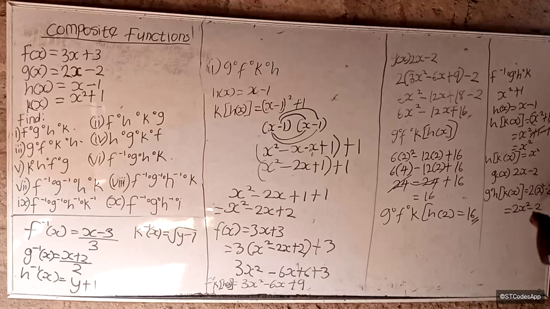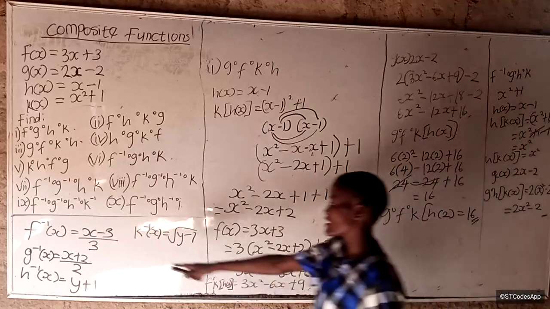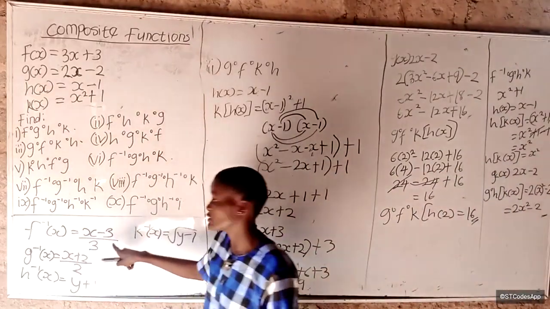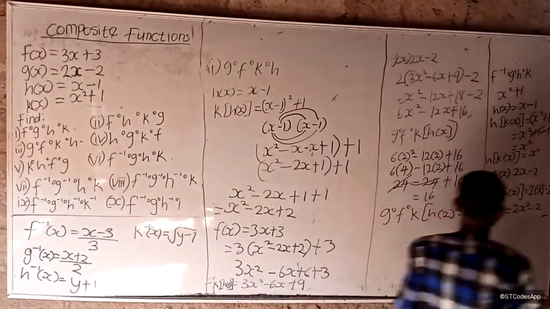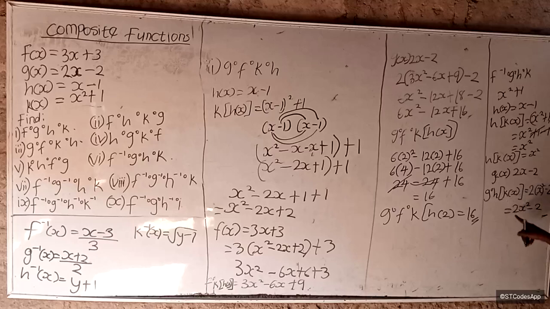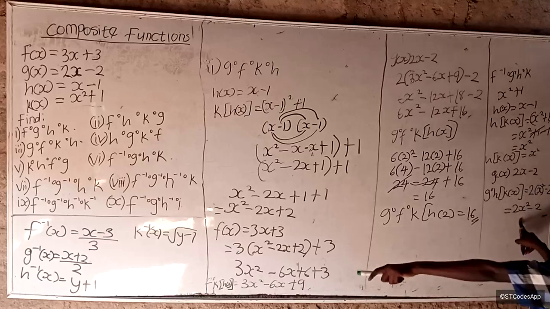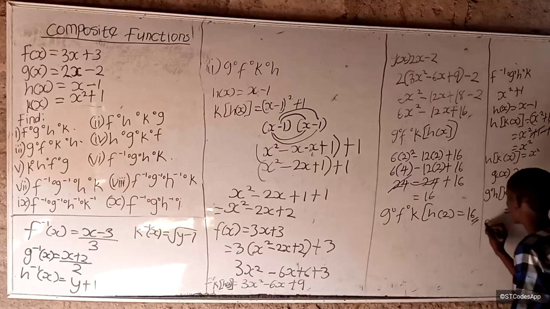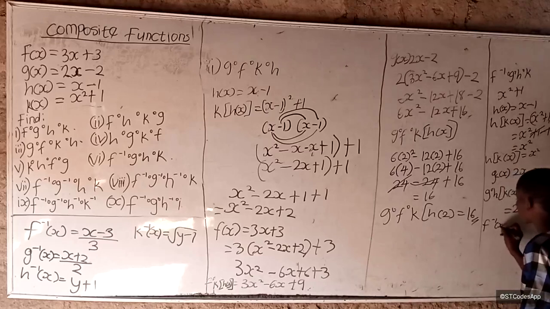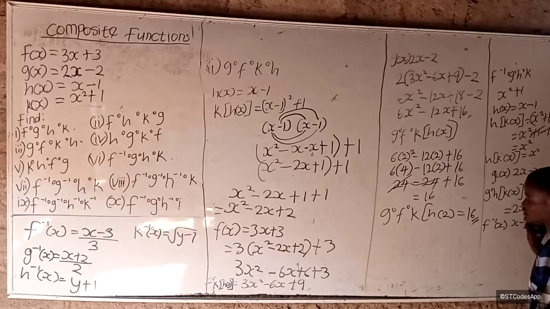So we're also going to plug this value of g of h of k of x into f inverse. And here we have our f inverse of x as x minus 3 over 3. So our g of h of k of x will now represent our x in the f inverse of x. As I said earlier, we are going to input this value into our x.